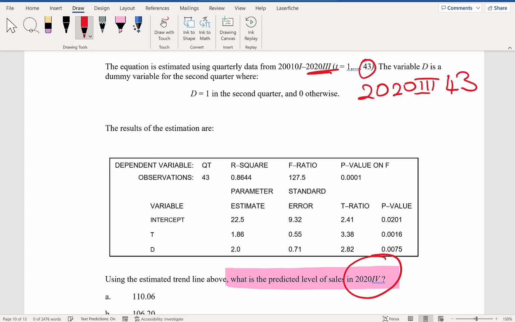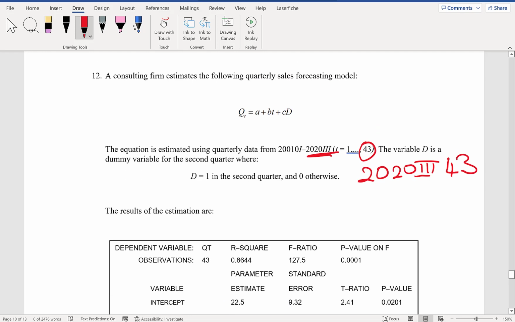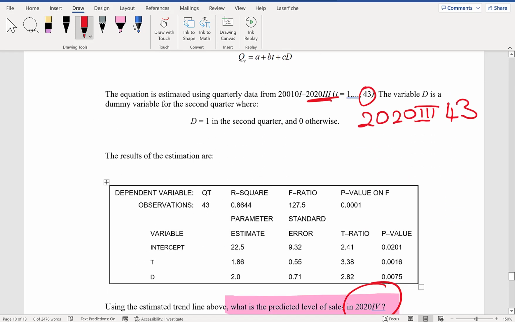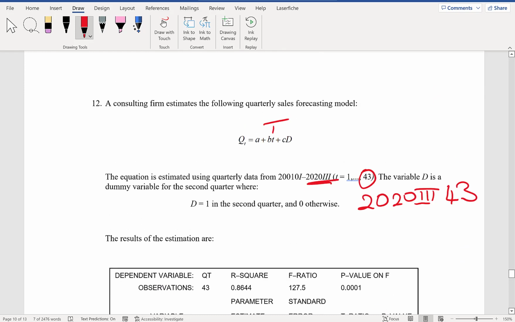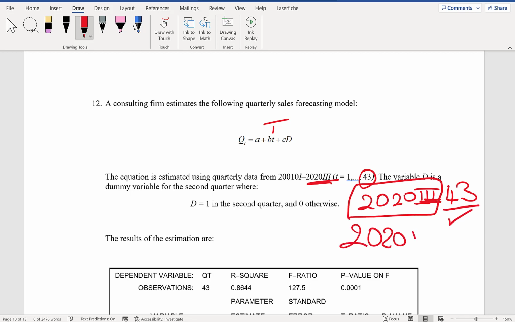They plugged it in place of T, or capital T. I don't know why the difference, but it's the same thing. So for the third quarter of 2020, that's the 43rd observation. Therefore, the fourth quarter of 2020 is the 44th observation.